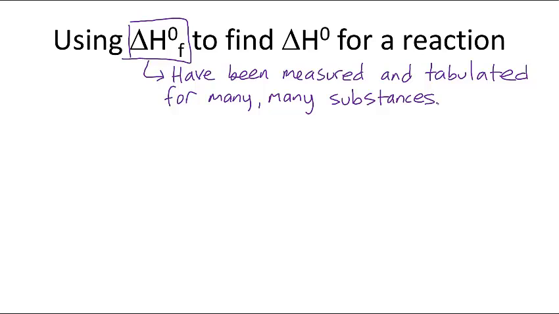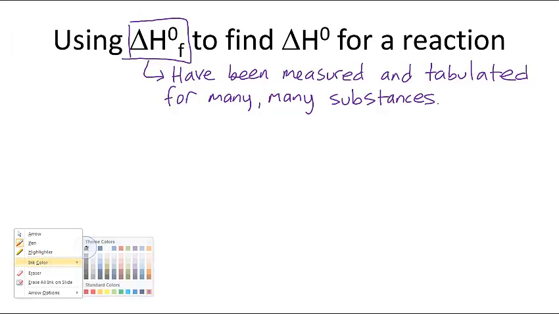And then when you want to find the change in anything, what's the general formula? Like if I want to find the change in temperature over the course of a reaction, what do I do? Final minus initial, right? So change in enthalpy is going to be just the same.